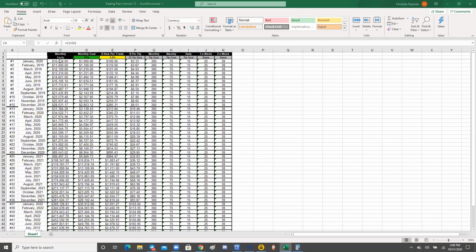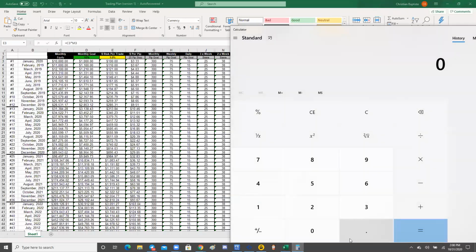Okay, so with $10,000, you have to make $1,000. Your risk is 1%. You're trading a 0.33 for 20 pips.